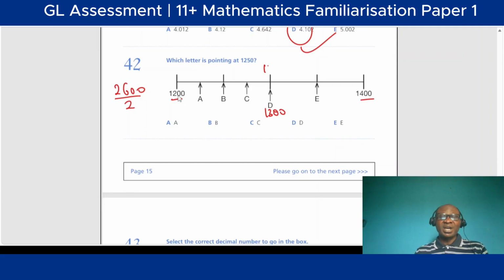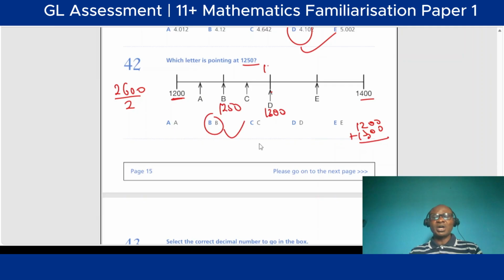But we are interested in 1250. Therefore, we add 1200 and 1300, that is 2500. We divide it also by 2, and we get exactly what we are looking for. So the middle point between 1200 and 1300 is B. This is now 1250. So the right option is option B.